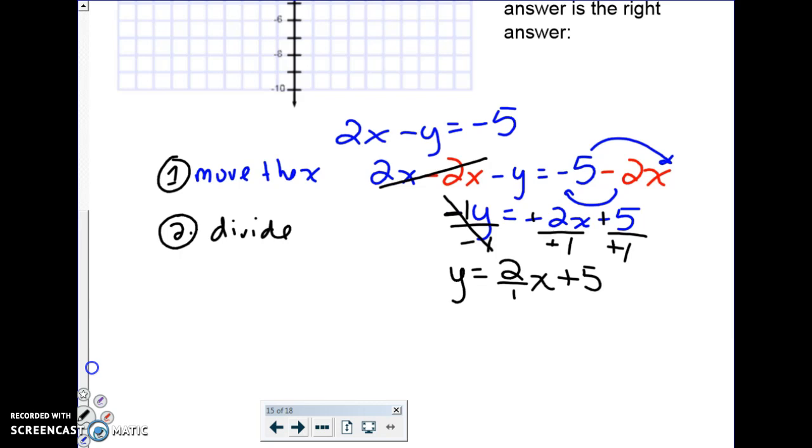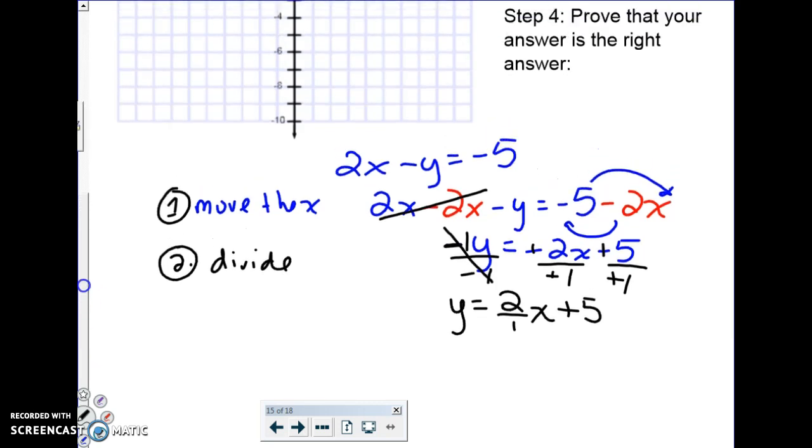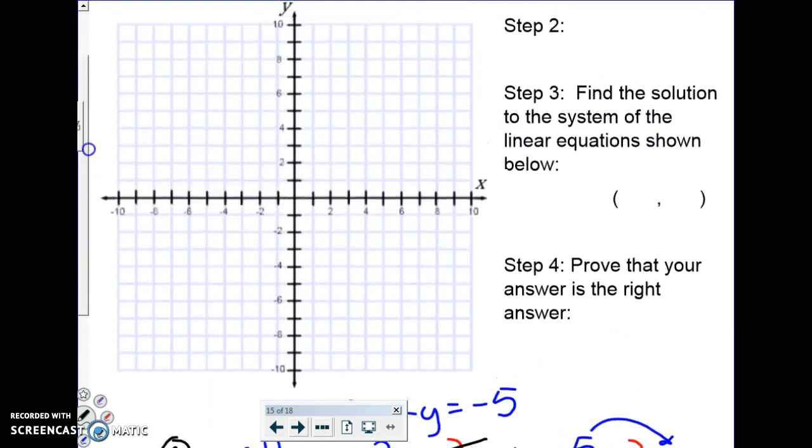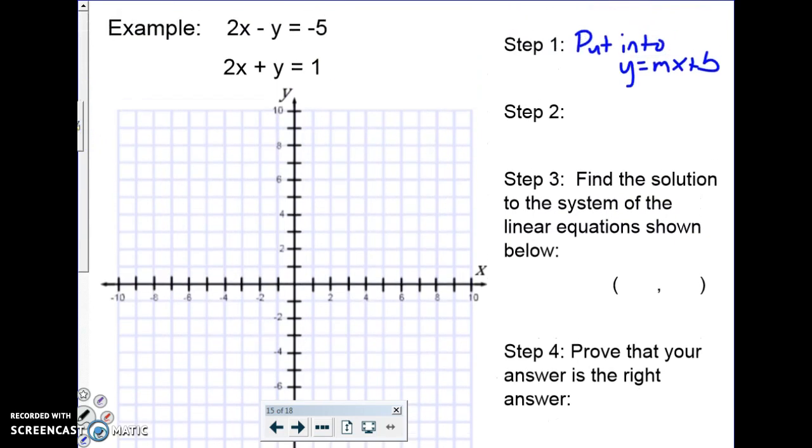Okay, great. So I'm going to scroll back up, and our equation is 2x plus 5. So this changed. Y equals 2 over 1x plus 5. And I know that this is my m, and this is my b. So I'm going to start on 5. And then I'm going to move up 2 over 1.